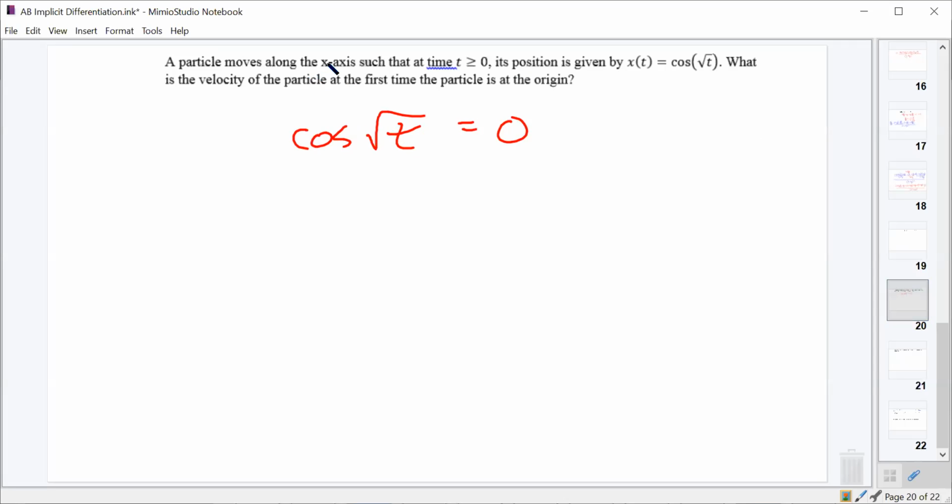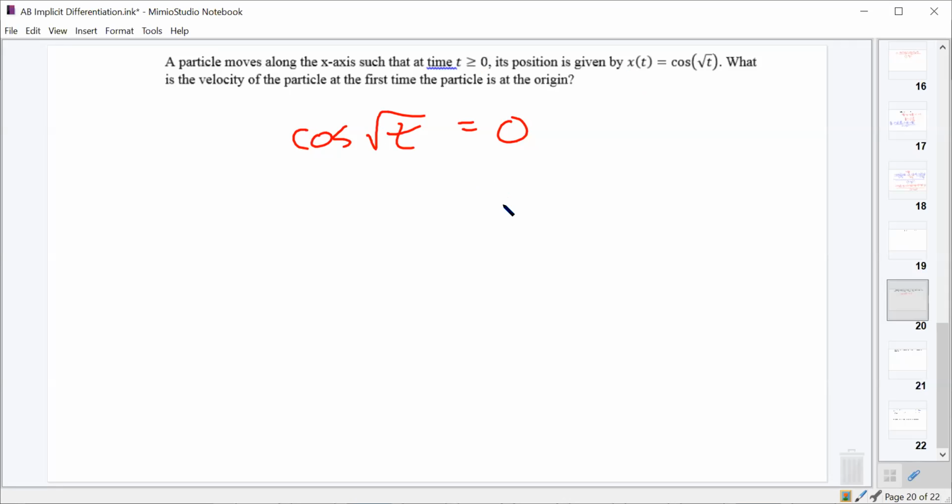When we say 0, 0, it's moving along the x-axis, so we don't need to worry about the y-coordinate. The y-coordinate doesn't actually matter, right? Because it's just moving back and forth along the x-axis. All that really matters is that this x of t position here is equal to 0. So if we can set cosine of root t equal to 0, then that should give us the time at which the position is 0. Does that make sense, everybody?